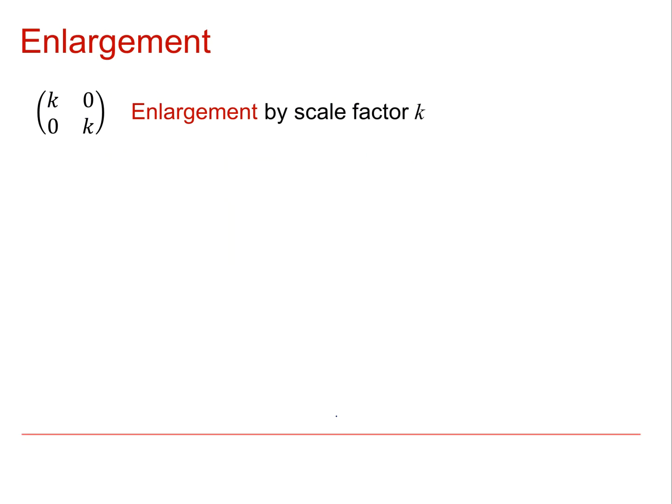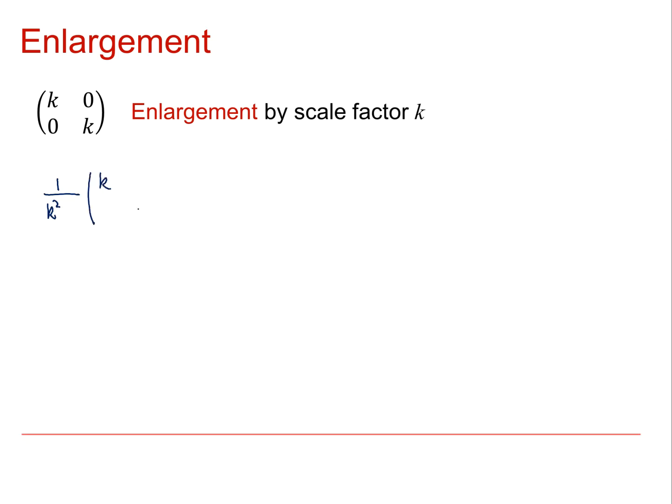What about an enlargement by scale factor k? Pause the video for a moment while you work out the inverse of this matrix and think about what the transformation should be. OK, the inverse of an enlargement by scale factor k should be an enlargement scale factor 1 over k. Let's check this. The inverse of this matrix is 1 over k squared minus 0.